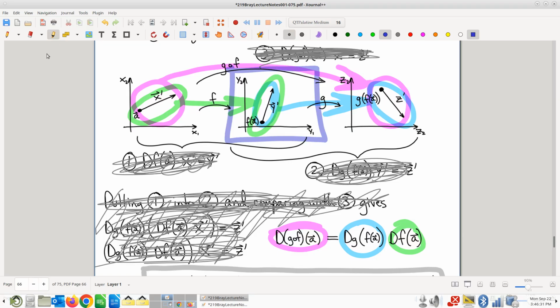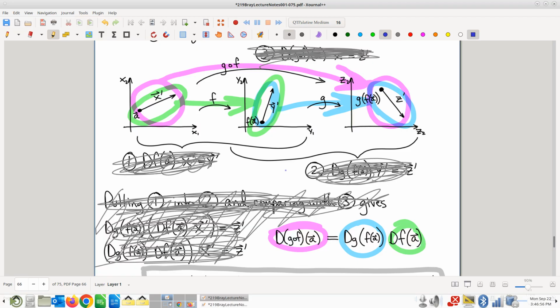You can view it as the factor that you multiply by x prime to get y prime, and the factor you multiply by y prime to get z prime. Those factors multiply to give you the overall factor, and that's all the chain rule says. Right? We talked about that at length last time. So here's our multivariable chain rule.